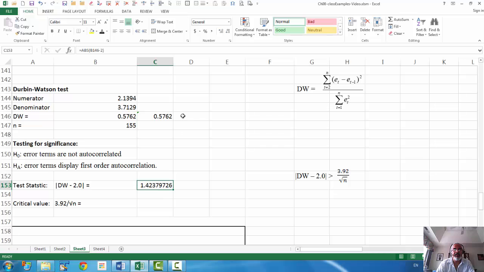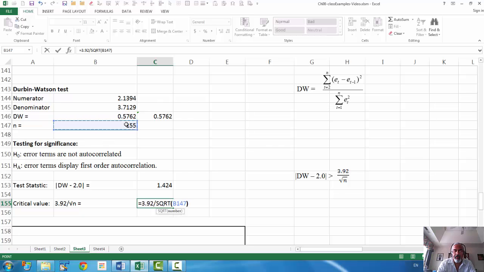The critical value that we need to compare that with is 3.92 divided by the square root of n. If this test statistic is greater than the critical value, we reject, and that is the case. So we reject the null hypothesis.